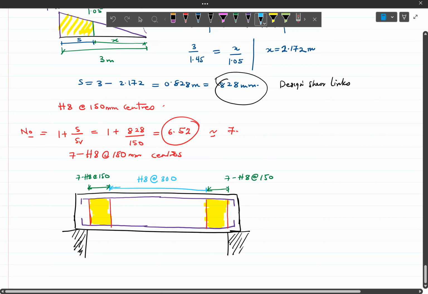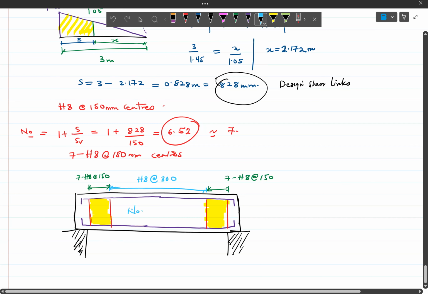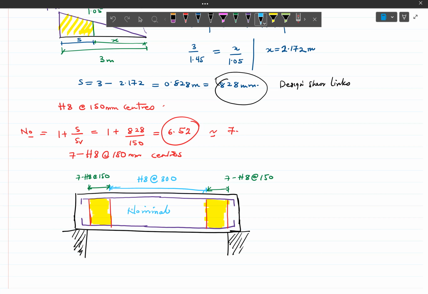So in between here is for the nominal. This side is for the nominal. Okay. What it simply means is that in this area, we're only providing a minimum number of links. Okay. This is a nominal, whilst the yellow zone is the one that we need to prevent shear failure. Okay.